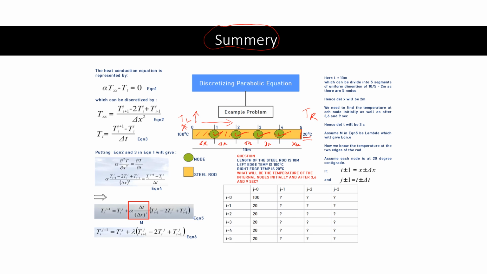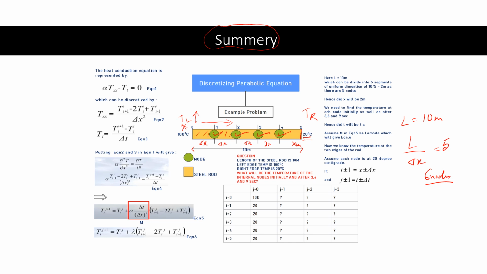And what we have done is, in the example, the length of this rod is 10 meters. So we have generated 5 segments. Actually, there will be 6 nodes if I include the 0th node also.